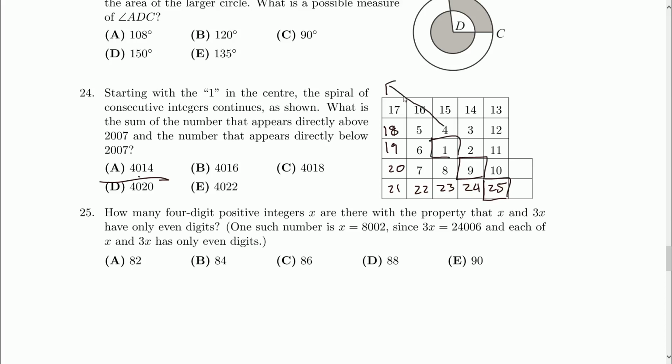So it might be helpful to pick a square, because we can predict where the squares are going to be, as sort of an anchor point. We'll find out the nearest square to 2007, and we'll figure out where it is relative to that point. By no means do you have to do this, or are you able to do this just by looking at it. I've done a lot of these questions, and I've seen this sort of spiral a number of times, so that's how I'm easily able to jump and say, well, let's look for squares.